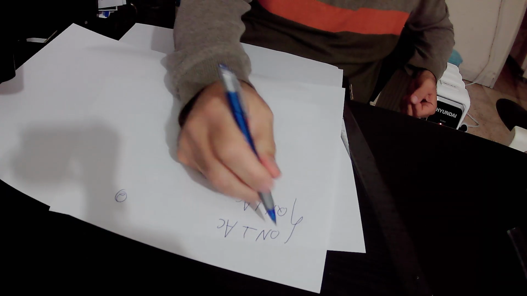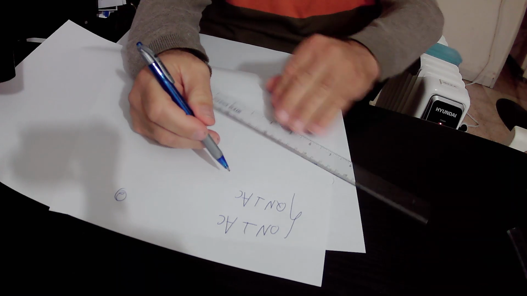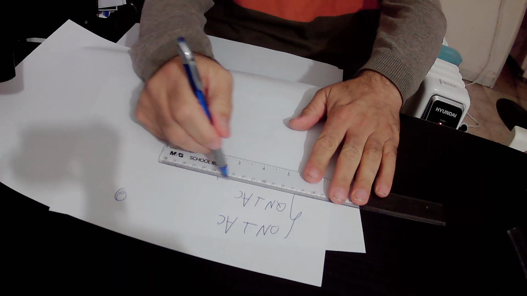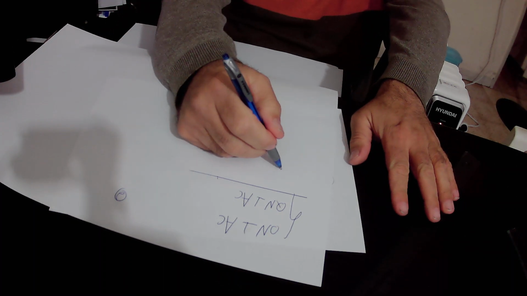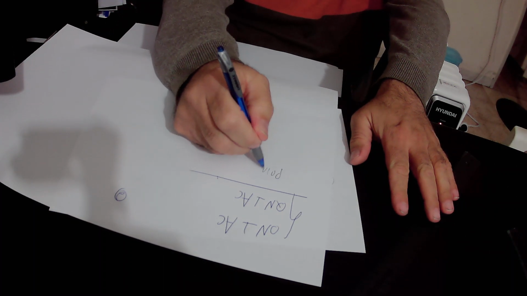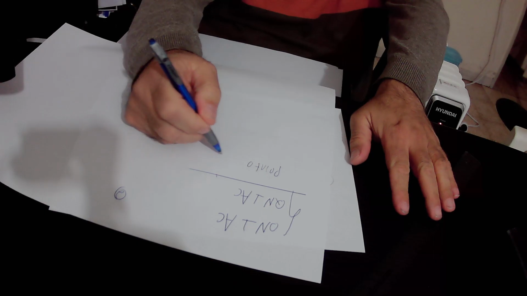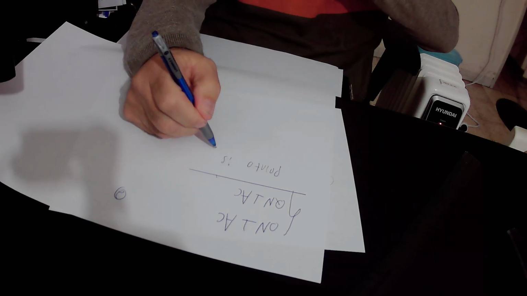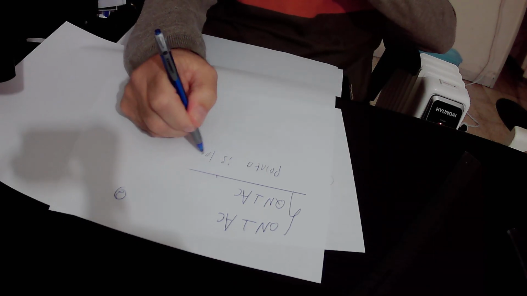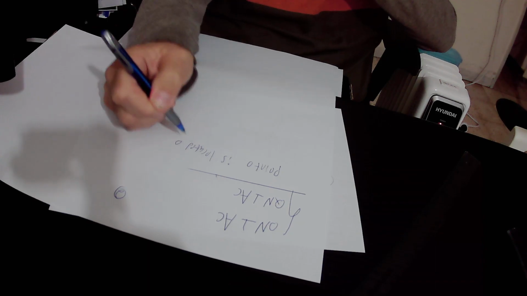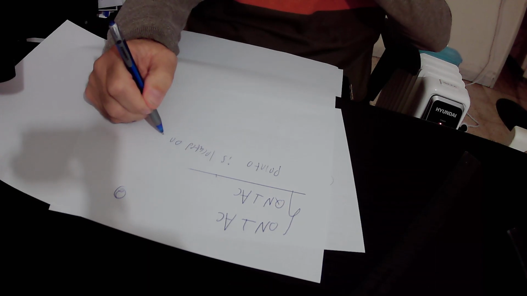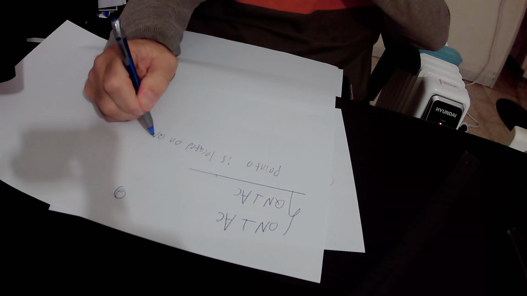And from these two equations, ON is perpendicular to AC and QN is perpendicular to AC, we derive that point O is located on the radius QN.